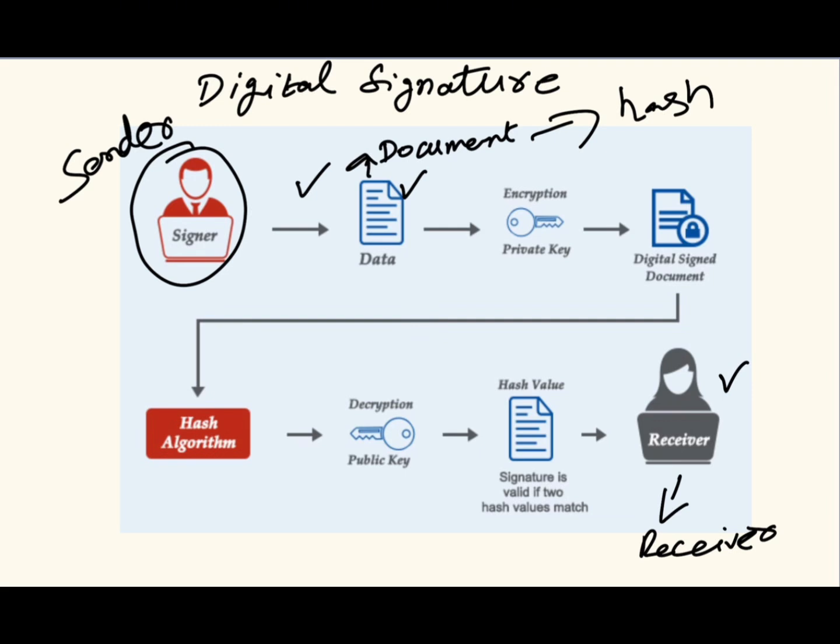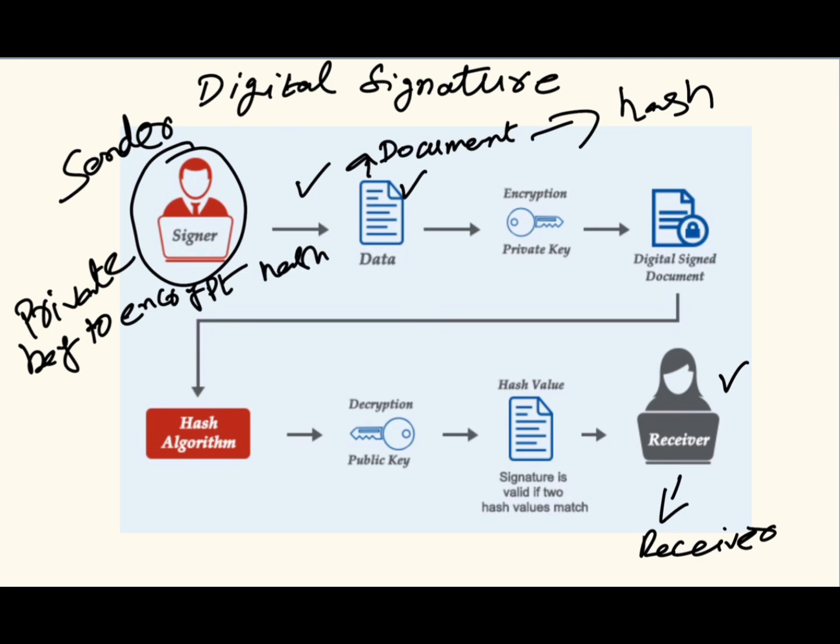The next step is that the sender, the person who will sign the document, will use his or her private key to encrypt the hash, the hash which was generated previously.